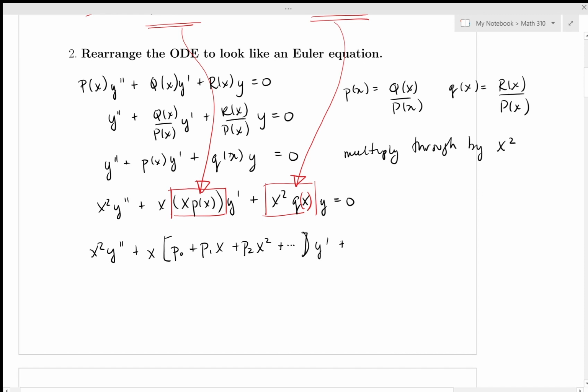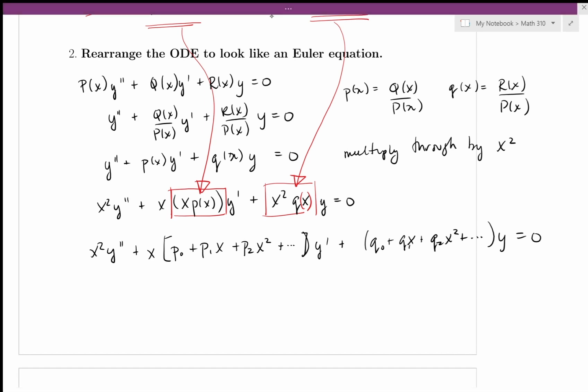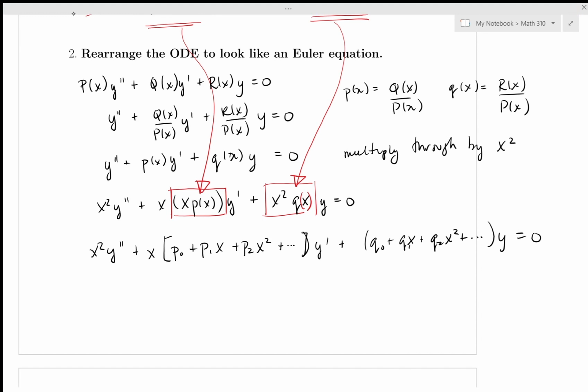And then the power series for x squared q of x looks like this: q naught plus q1 x plus q2 x squared plus dot dot dot, times y, and that's equal to 0. Okay, then I will take a look at these power series near 0. So now I'm taking a look at this power series and this power series here.